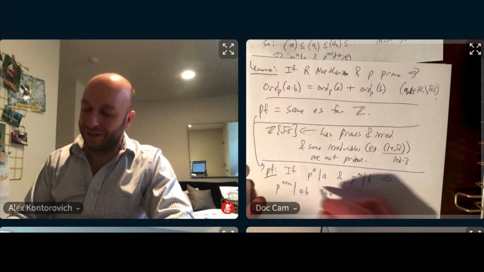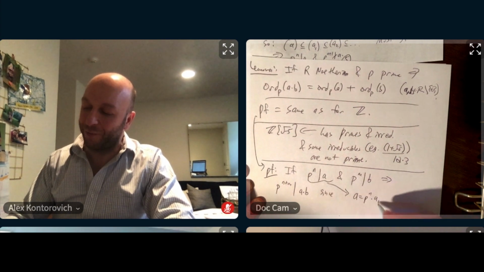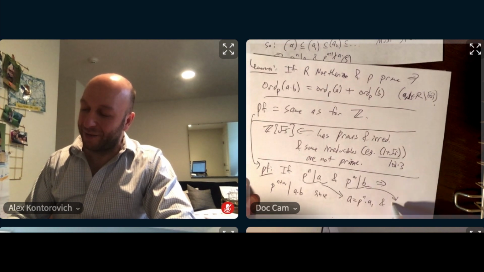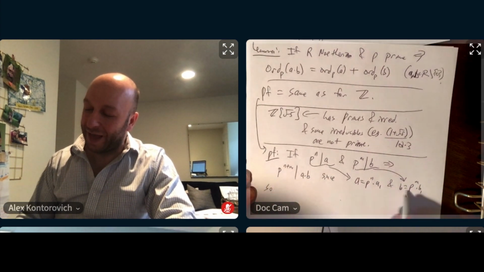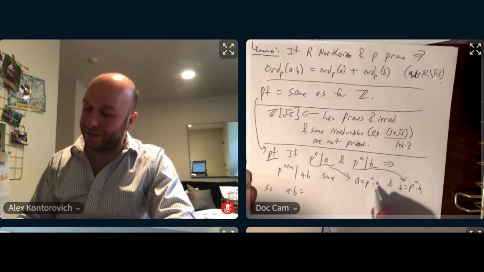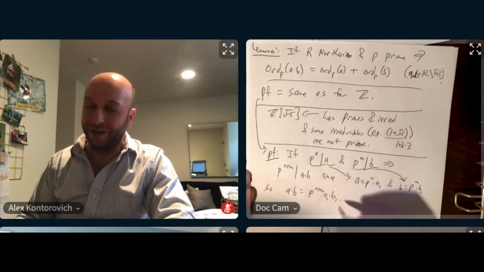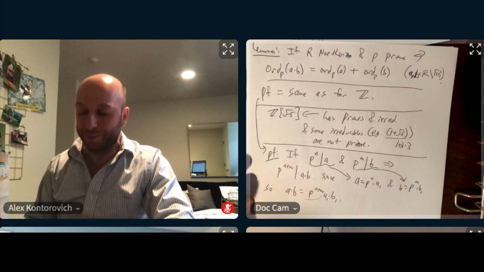This means that a is equal to p to the n times a1, and b is equal to p to the m times some b1. So a times b is p to the n plus m times a1 times b1. So p to the n plus m definitely divides a times b.